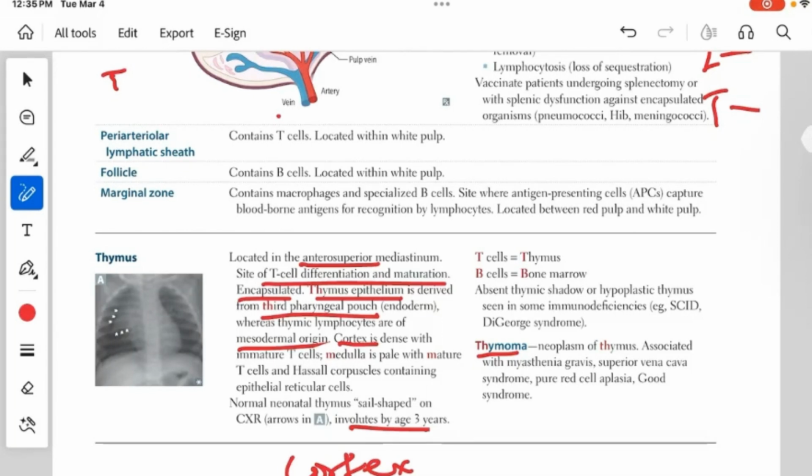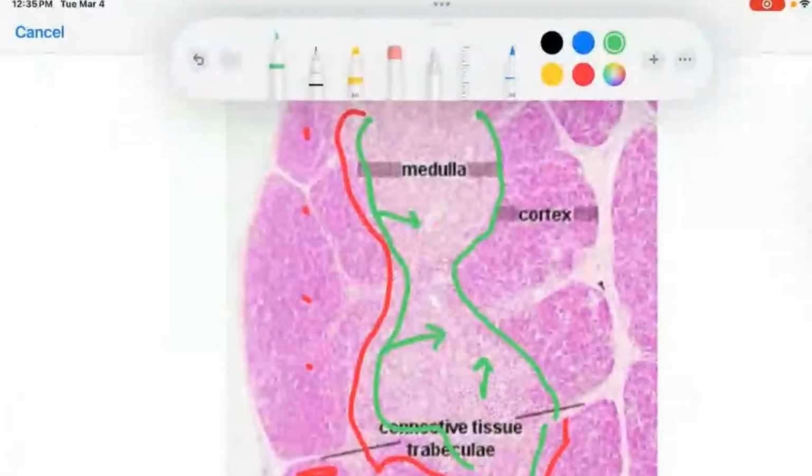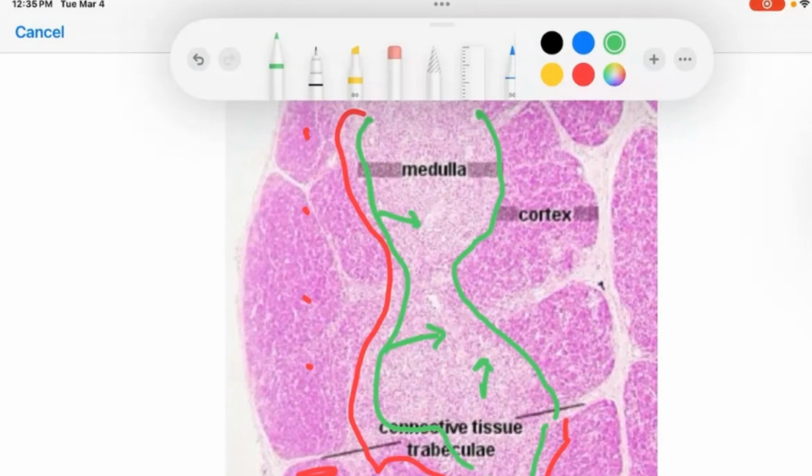The medulla is pale, like we've seen, and contains the mature T cells and the Hassall corpuscles. So this place is where the immature T cells are located, and the medulla is where the mature T cells are. When T cells come to mature in the thymus, they first get to the cortex.